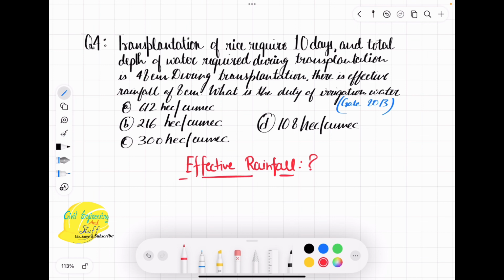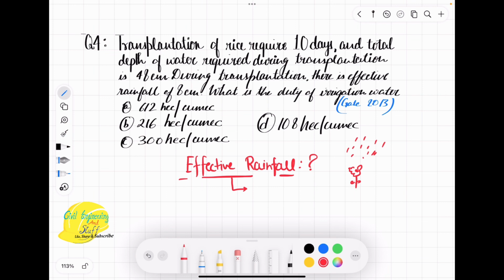What does this effective rainfall mean? Effective rainfall is that part of the rainfall that fulfills the water requirement of the crop. To further elaborate on this, whenever the rain falls, let's say this is a beautiful plant.